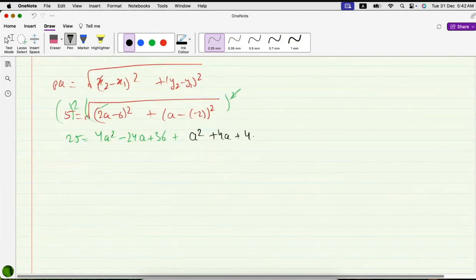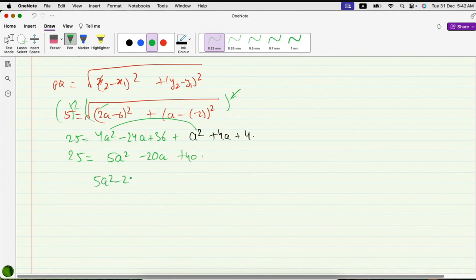Oh, it's positive a squared. Yes, I did it negative, but all my values are the same. So 5a square minus 20a plus 40.